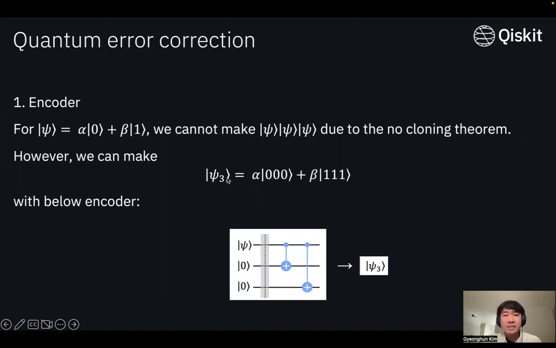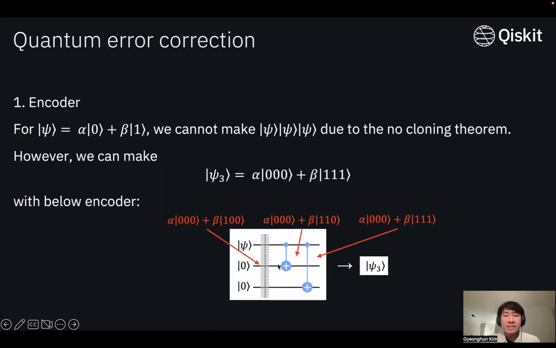The remarkable point is that this precise 3 is different from this repeated precise state. We can make this state with the encoder below. Originally we have alpha 000 plus beta 100 state.